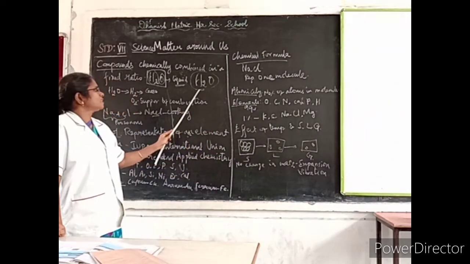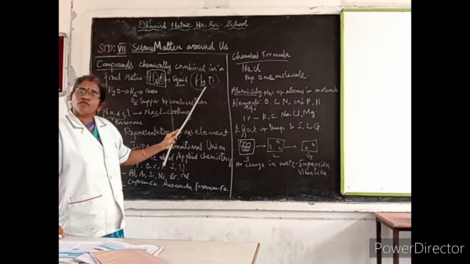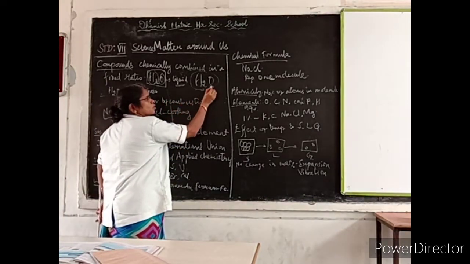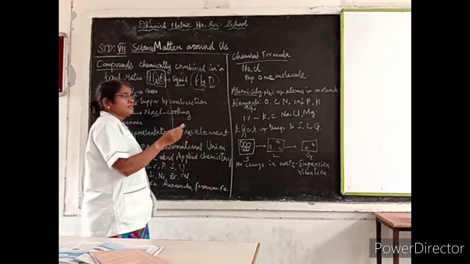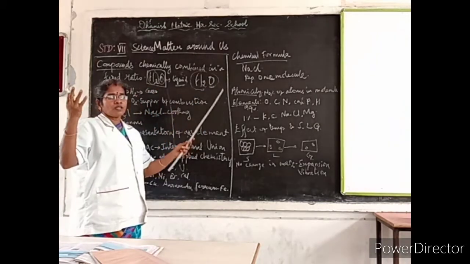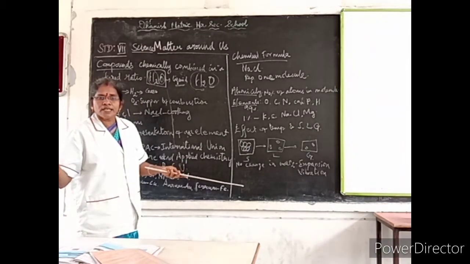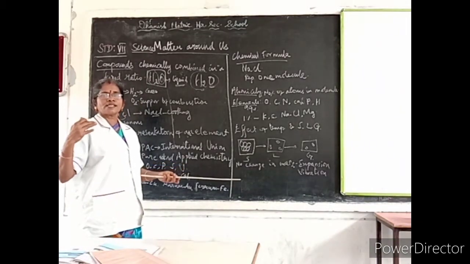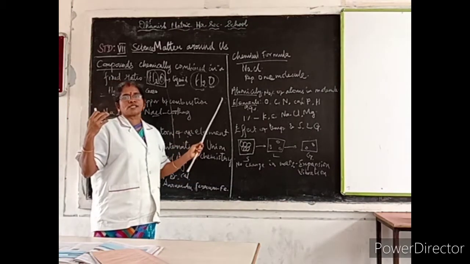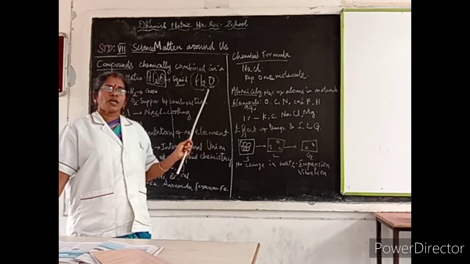But what is one of the constituents of water? That is oxygen. Without oxygen, no substance will burn. In lower classes, you have studied the property of oxygen, that oxygen is the supporter of combustion.